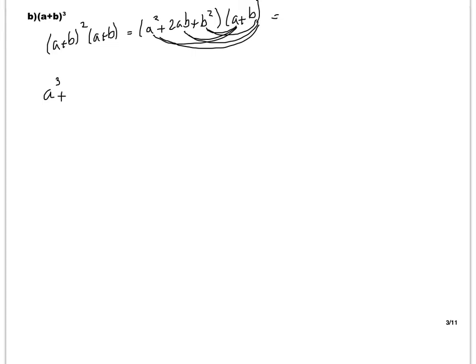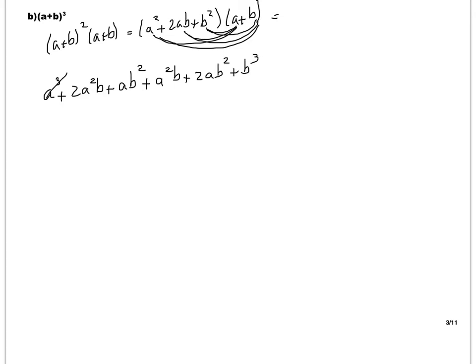plus a times 2ab gives me 2a squared b, plus a times b squared is ab squared, plus b times a squared is a squared b, plus 2ab times b gives me 2ab squared, plus b squared times b gives me b cubed.